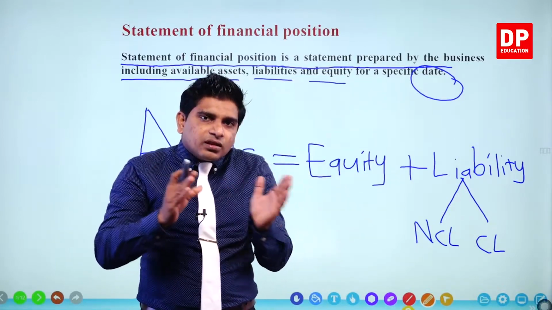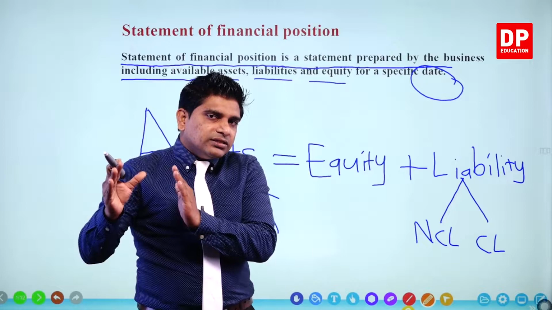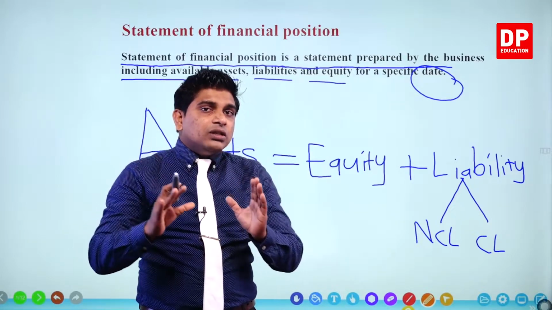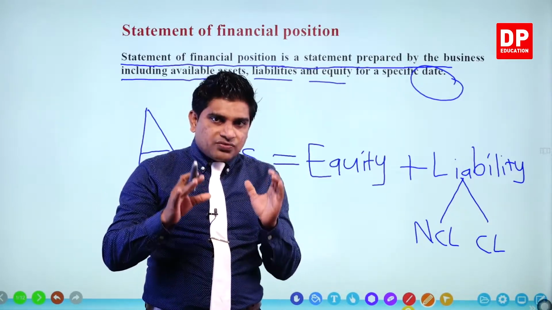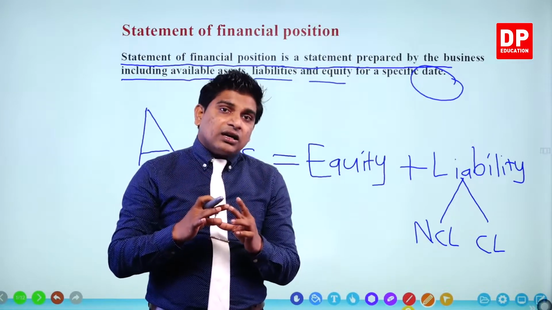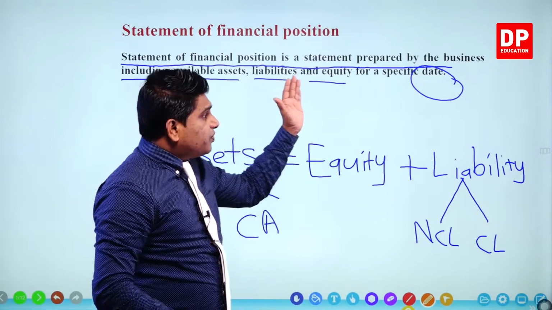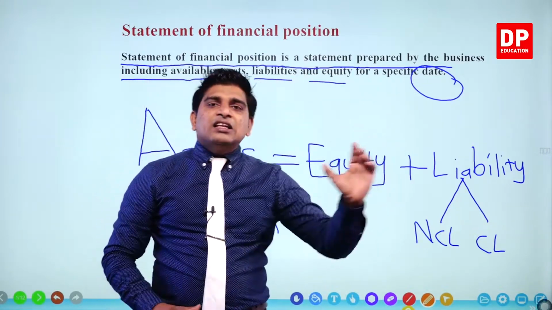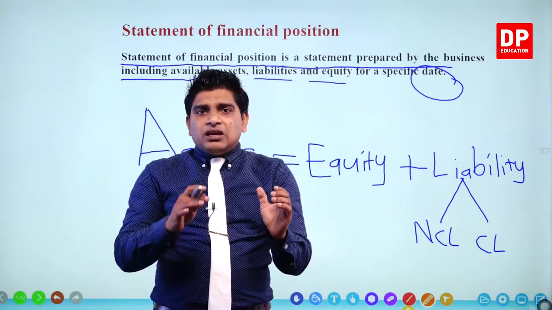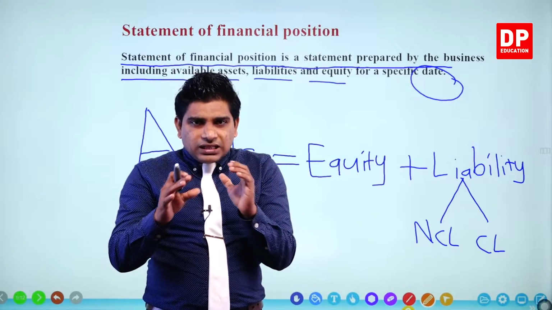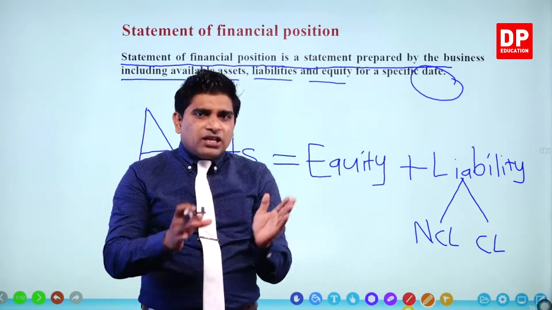There we include all the income and expenses which are related to that current accounting period. But here you remember, we prepare this on a specific date. Specific date means these details change from time to time.